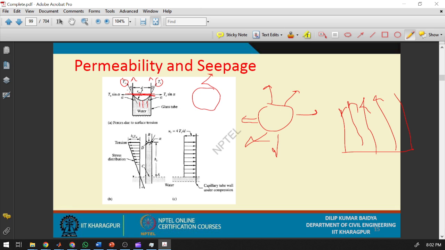So we take T cos alpha and then multiply it with the circumference. We will get the force in the upward direction, and that is what we equate.